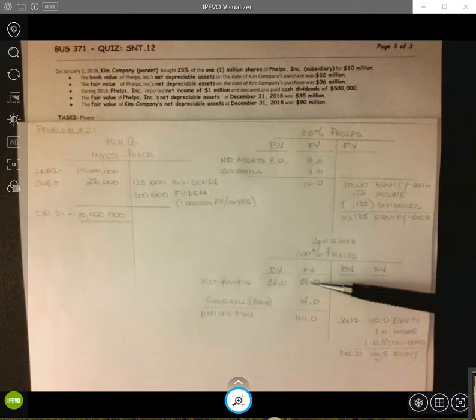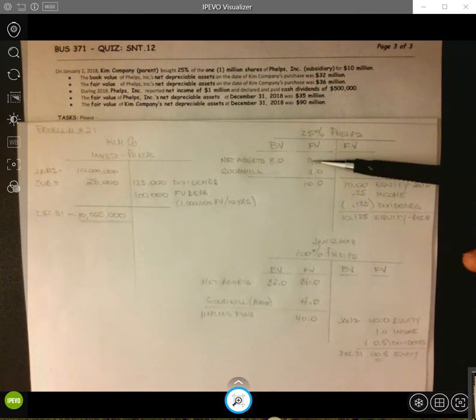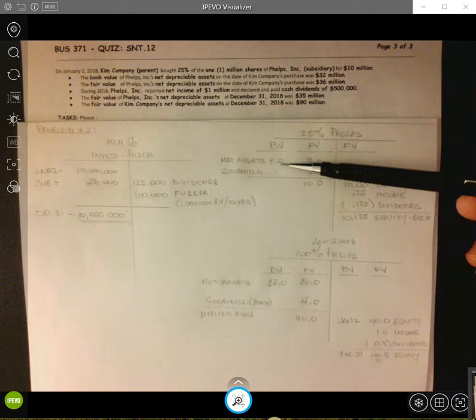Now, in examining the difference between the fair value of the sub's net identifiable assets and the book value of those assets, you can see there is a difference of 36 minus 32, $4 million, of which the parent owns 25%. 4 million times 25% would give us this $1 million difference between the 25% condition fair value and the 25% condition book value.